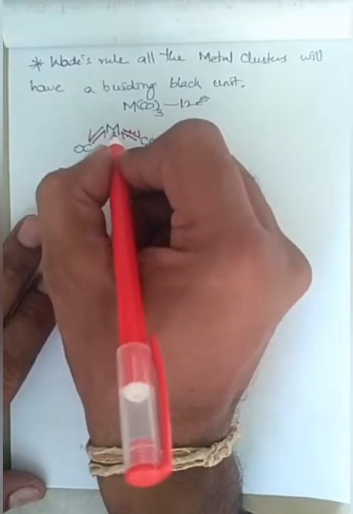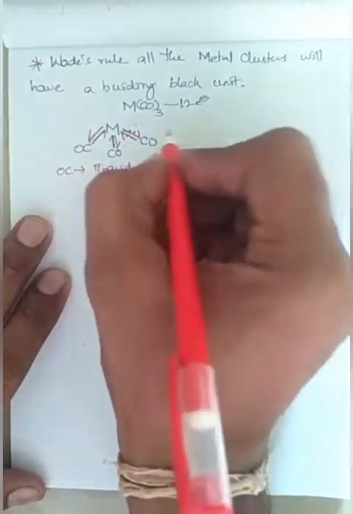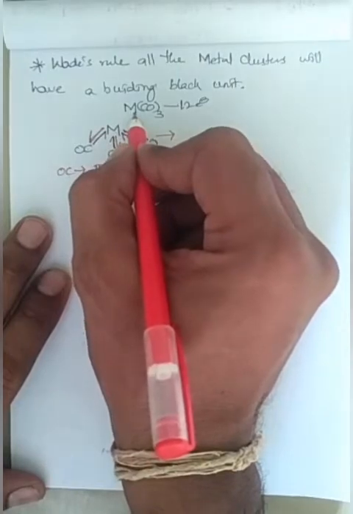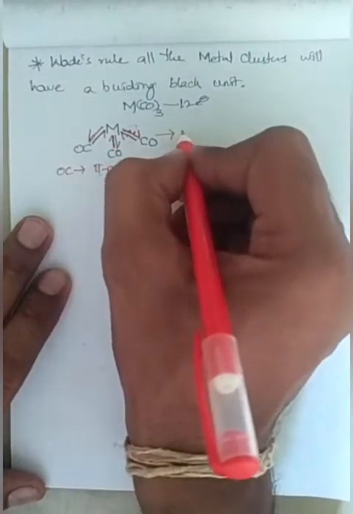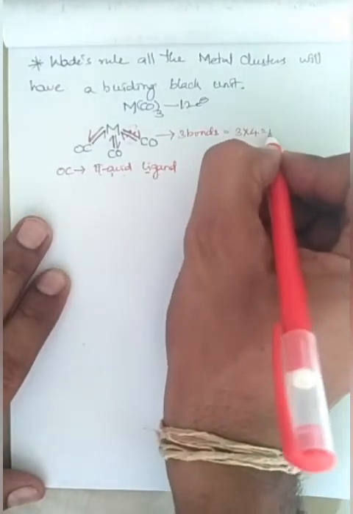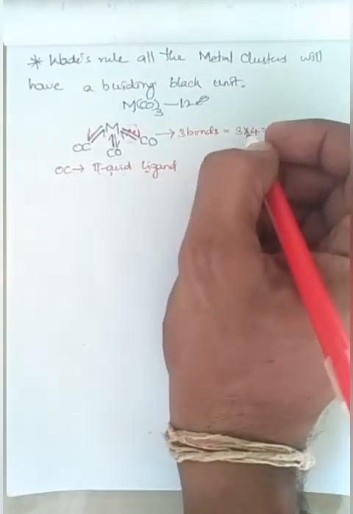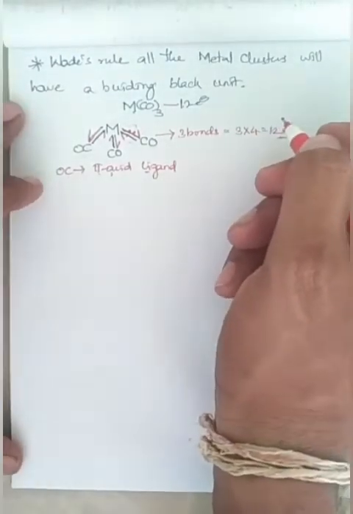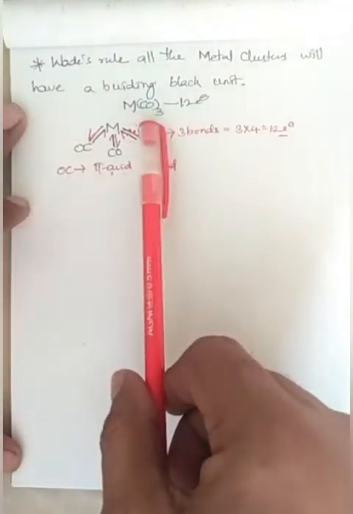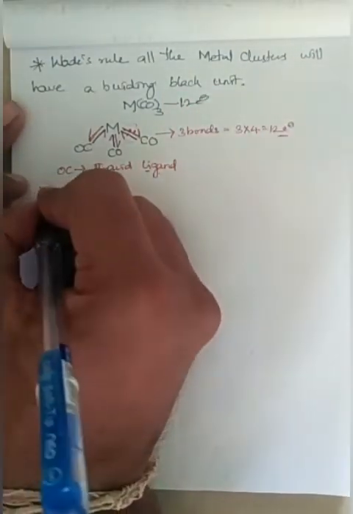So in one metal to carbonyl bond, there may be 4 electron density, such that in the building block unit of tricarbonyl metal, there are 3 bonds. So 3 bonds each with 4 is nothing but 12 electrons. The building block unit will have 12 bonded electrons counted, right? So each building block unit will contribute 12 electrons.